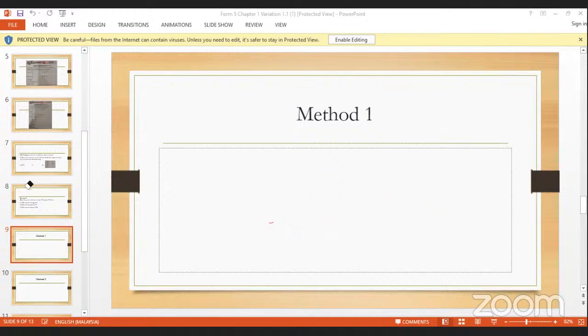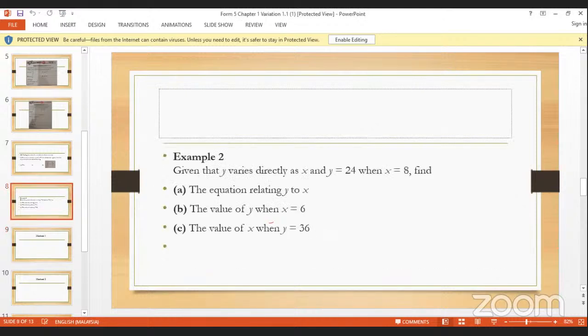For B, the value of y when x equals 6. When x equals 6, so it will be 24 equal to k times 6, so k equal to 4.